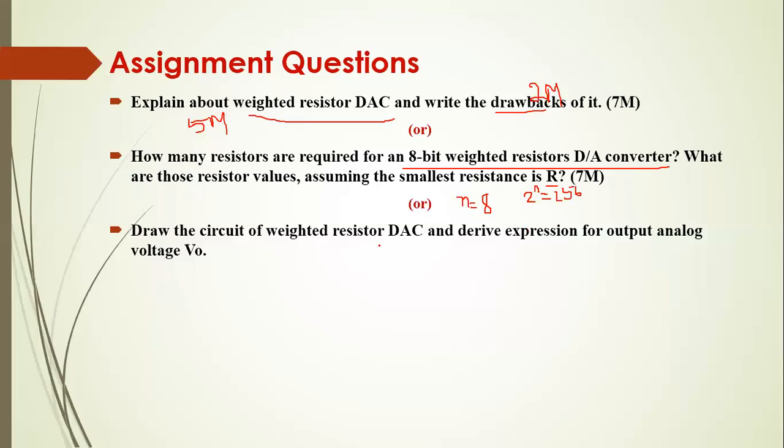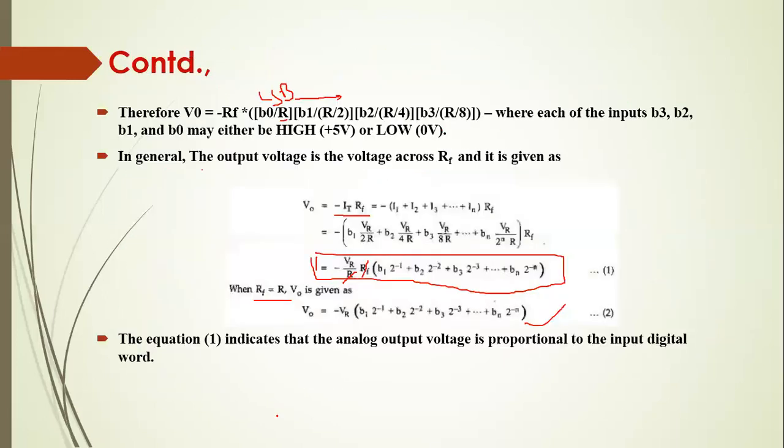Next, draw the circuit of the weighted resistor DAC converter and derive the expression for the output analog voltage V0. So this is a direct question again. You can write the same thing, but here it is not necessary to mention the drawbacks. You have to represent the output equation that you have shown here.